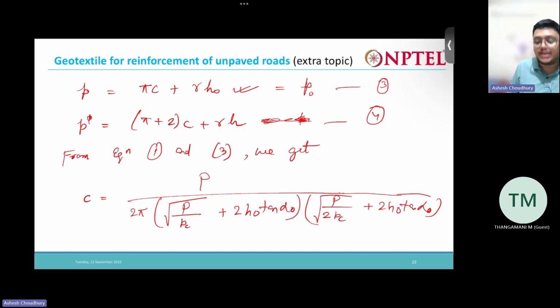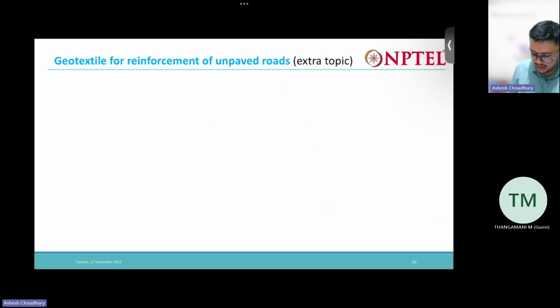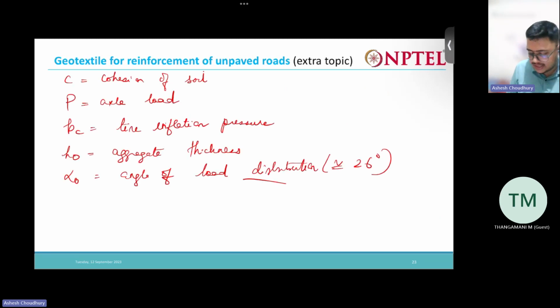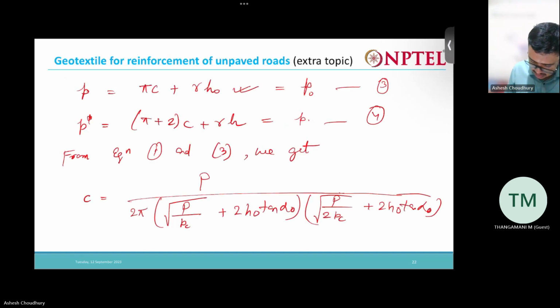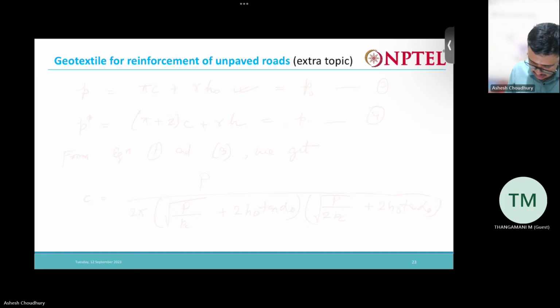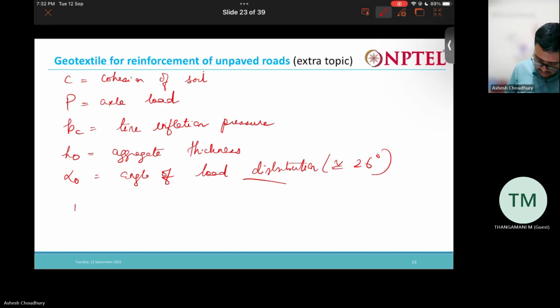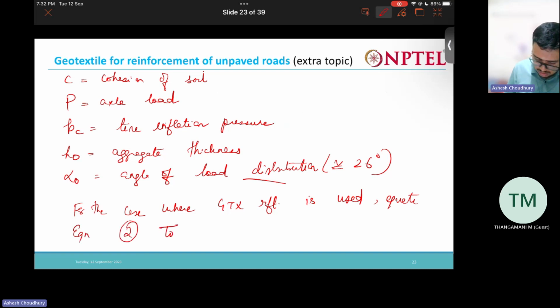Now, for the case where geotextile reinforcement is used, equate equation 2 to P minus PG.